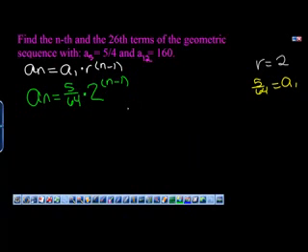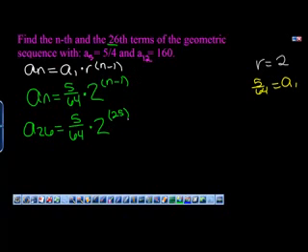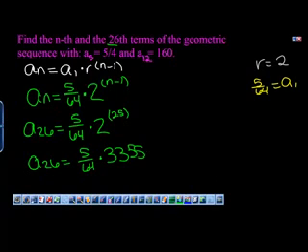Our second question is very specific, asking for the 26th term. So now, to get the 26th term, we'll take our first term, multiply it by 2 to the power of 26 minus 1, which is 25, 5 over 64, times 33,554,432.